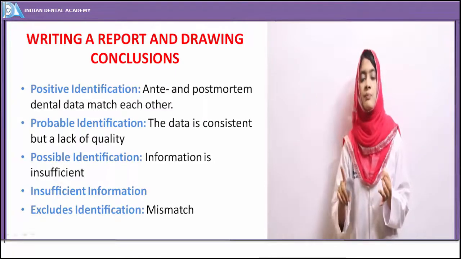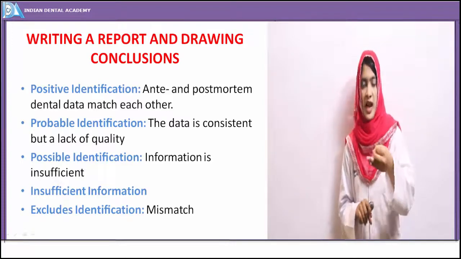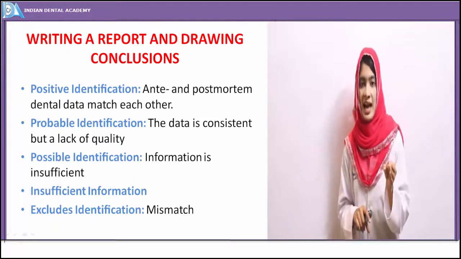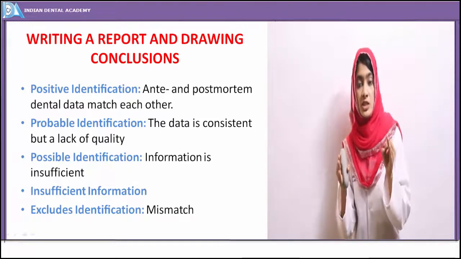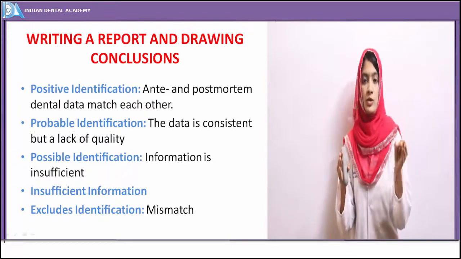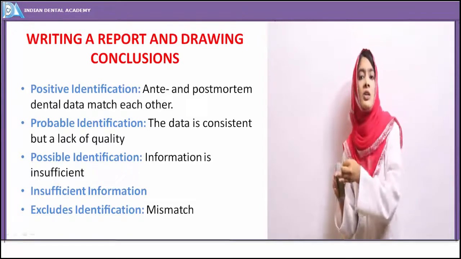Positive identification. Probable identification is, as in the example we discussed just now, where the ante-mortem data lacks the filling but the post-mortem data shows the restoration. So you have to presume that the filling was not there in the ante-mortem data because the tooth was intact. At a later stage, the individual got a caries process and the tooth was filled.